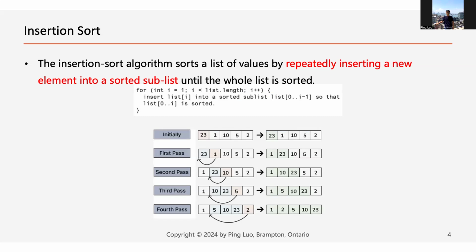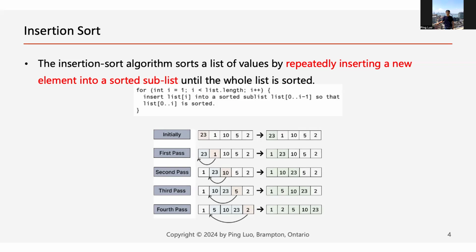Every time we put a number into its correct sorted location, and that's why it's called insertion sort. It's like we insert a new number into the previous sorted sublist. These two algorithms are very intuitive and very simple to implement. We just need to swap numbers in the array.